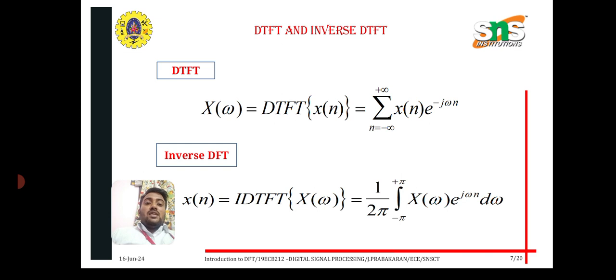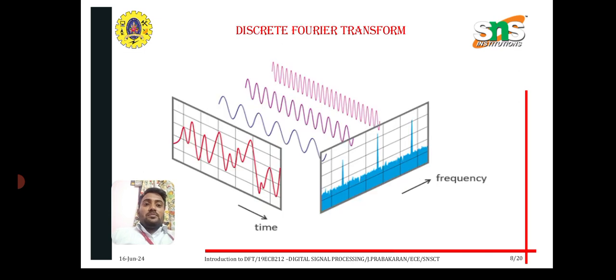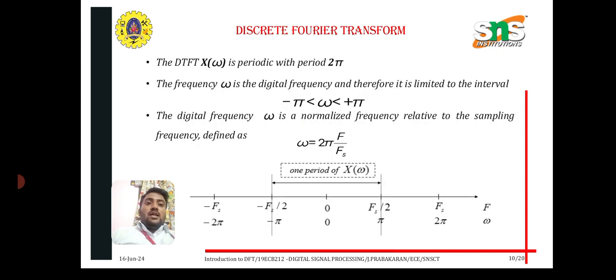Similarly, the inverse DTFT mathematical expression is x of n equal to 1 divided by 2 pi summation minus pi to pi X of omega e power j omega n d omega. Here you can see the graph, time domain and frequency domain.